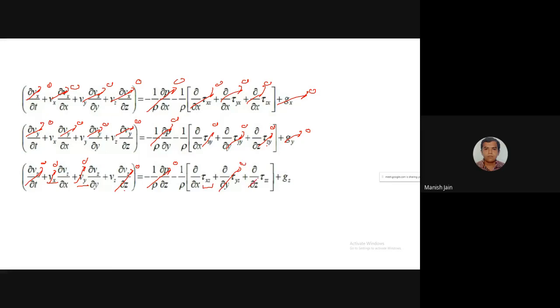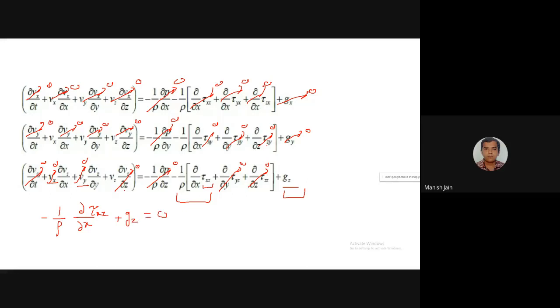This is zero, this is zero. Again, gz will be non-zero. So you have del by del x of tau xz and minus 1 by rho, these two terms are non-zero. All other terms are zero. So 1 by rho del by del x of tau xz plus gz equal to 0.